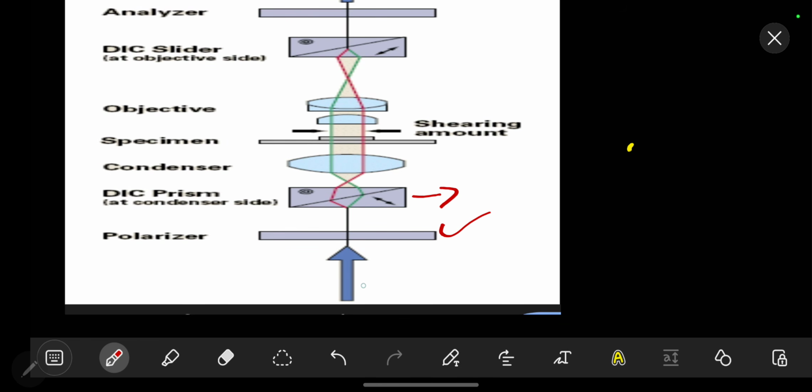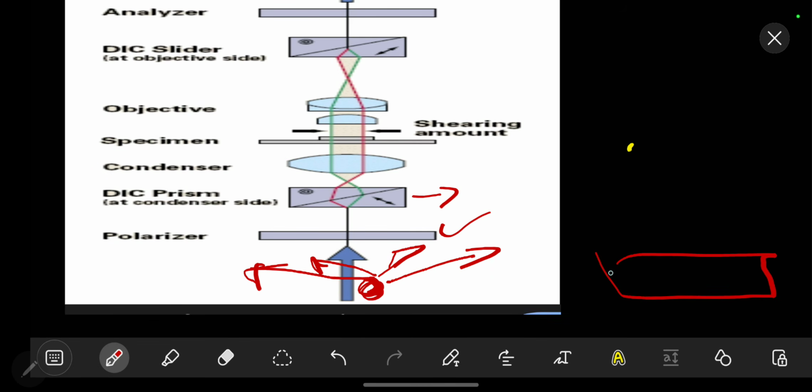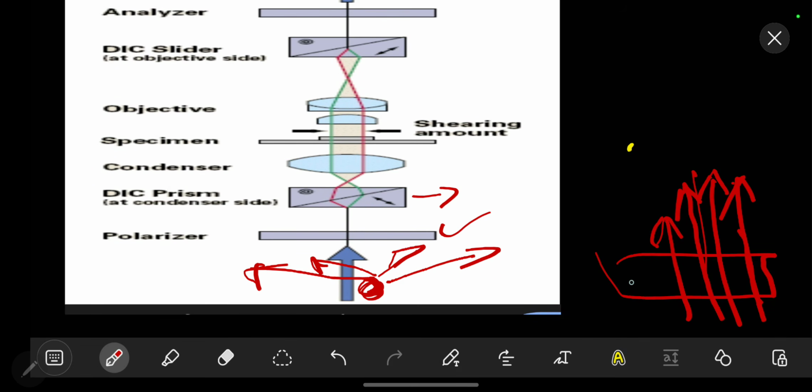For example, let's say the source of light is here, the light might be moving in those directions, but when this light passes through a polarizer, let's say the polarizer is here, the light rays will now start to move in just one plane, or rather one direction like that. So the polarizer is important. Instead of light moving in different directions, the polarizer helps light to move in one plane. That is what we mean.